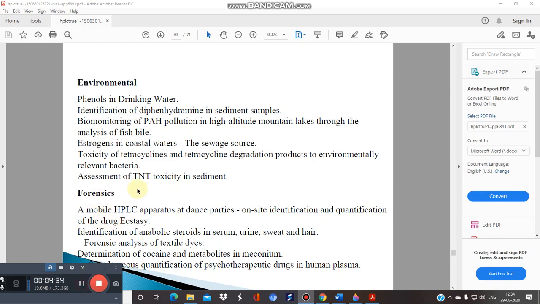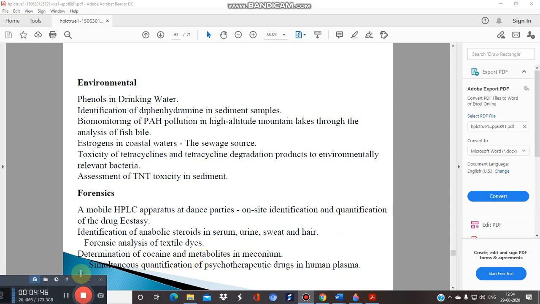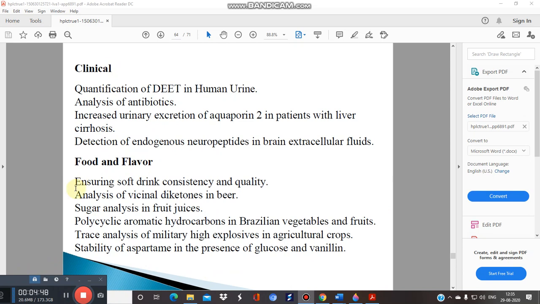In forensic science and criminology, it is widely used to detect and identify steroids in serum, urine, sweat and hair, and also for the determination of cocaine and its metabolites. Clinical applications include analysis of antibiotics and detection of endogenous neuropeptides in brain and extracellular fluids. It is also used in the food industry, where it ensures soft drink consistency and quality.